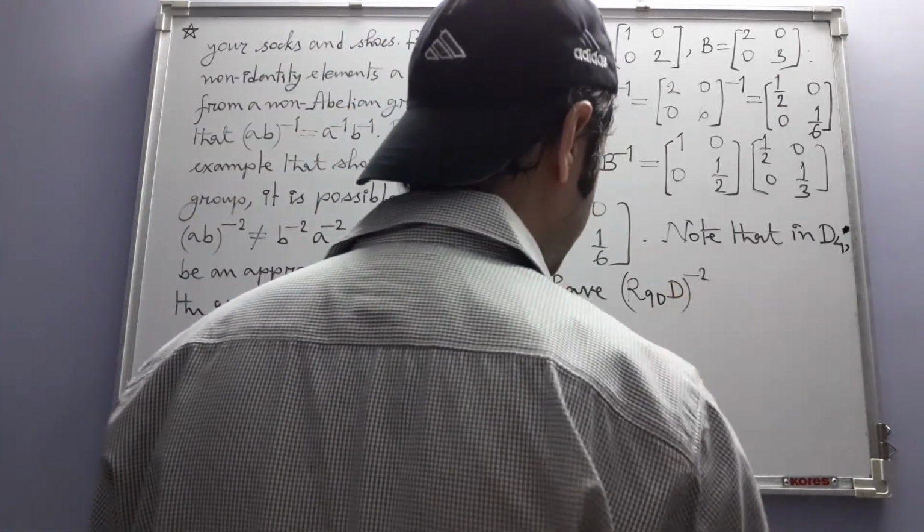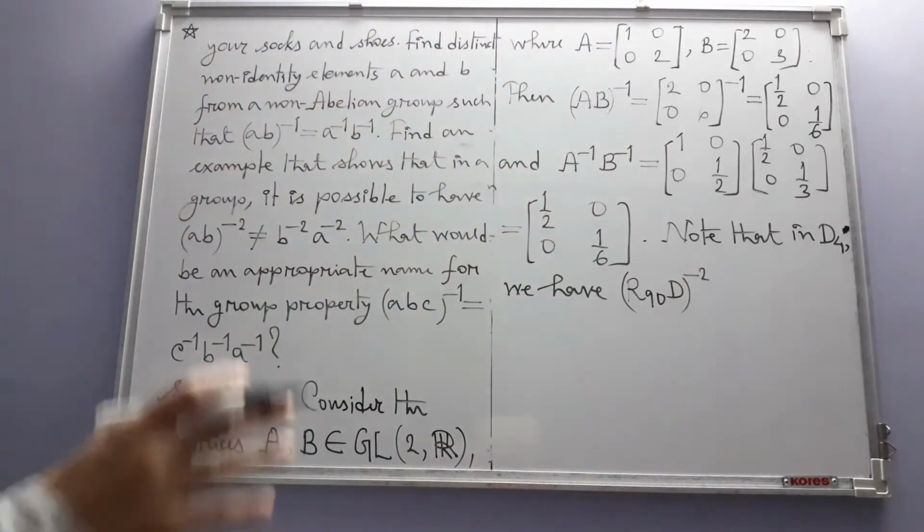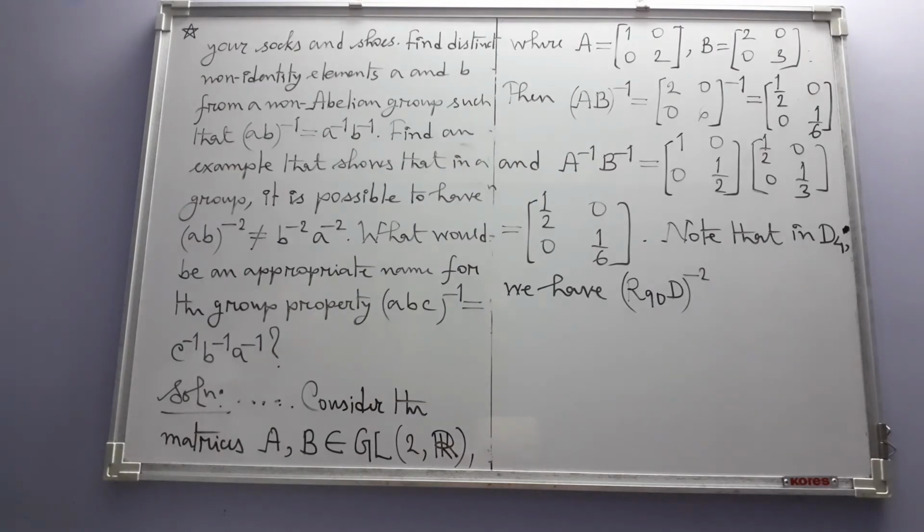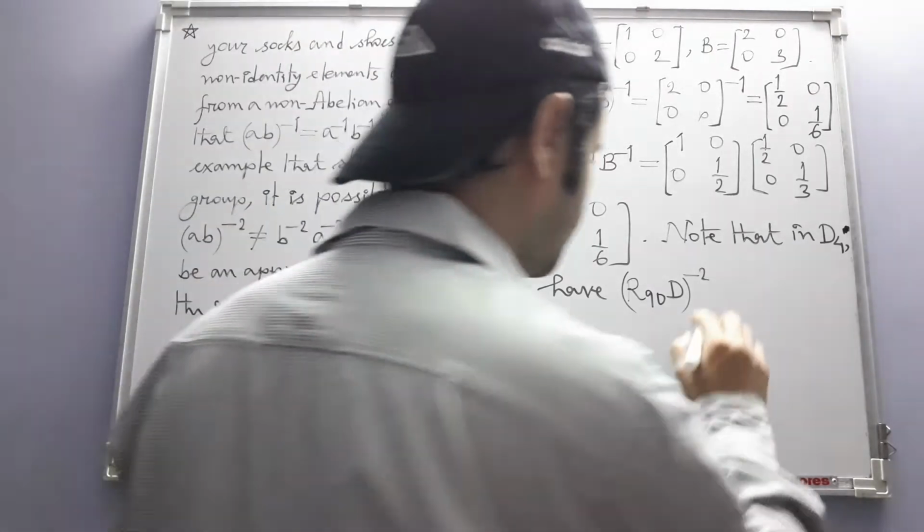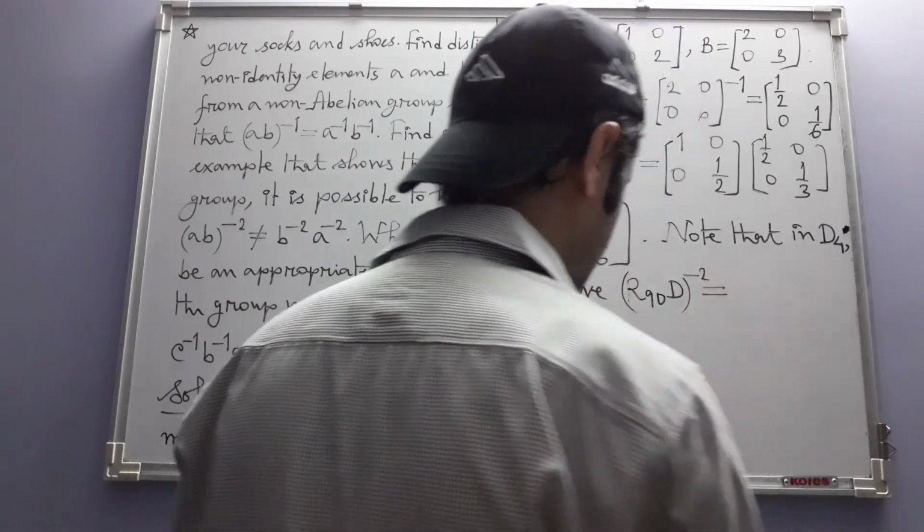To justify these calculations, you just go to the Cayley table given before in the text, and there you have all the things.